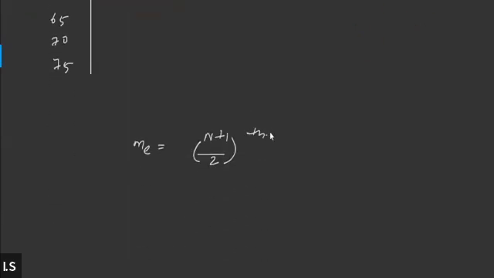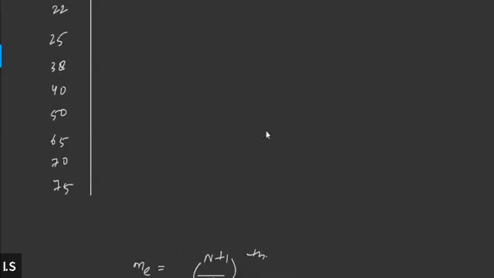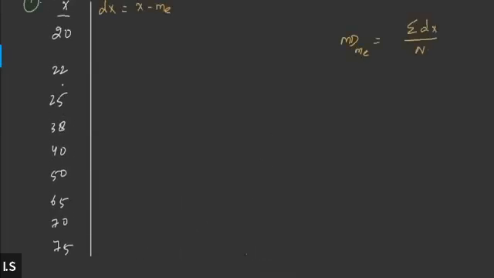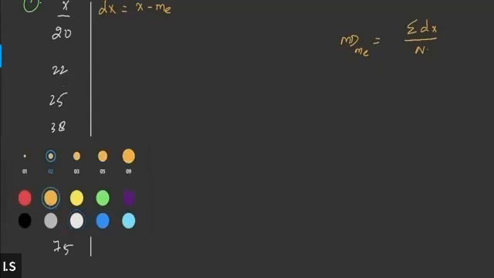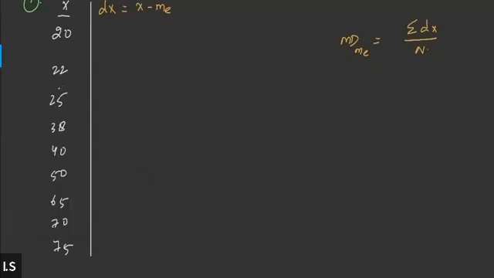So it will be (9 plus 1) by 2, so the answer will be the fifth term. The fifth value will be the median value. In this case the fifth value is 40, counting 1, 2, 3, 4, 5. So 40 will be the median value.